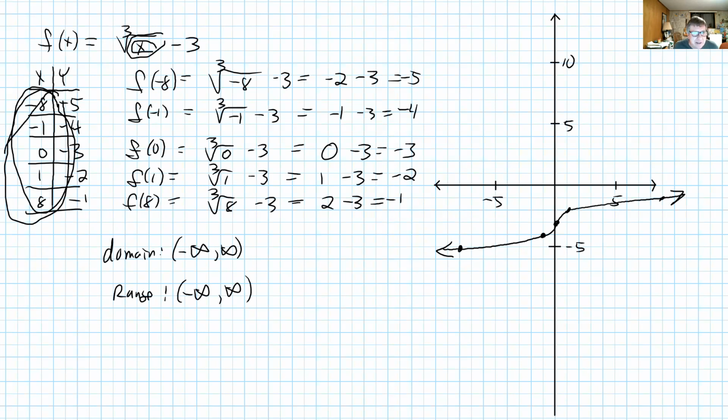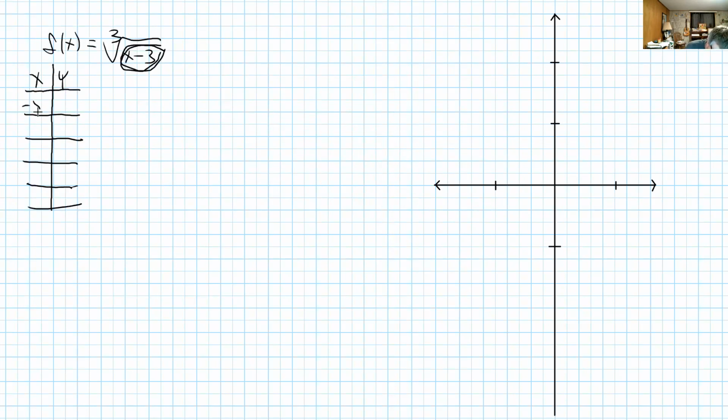So -8 plus 3 would be -5. -1 plus 3 is 2. 0 plus 3 is 3. 1 plus 3 is 4. 8 plus 3 is 11. Okay.